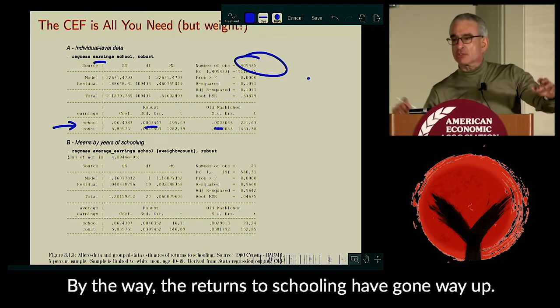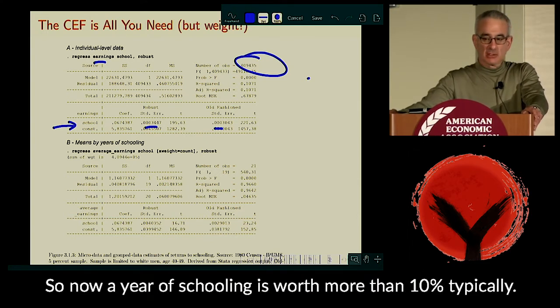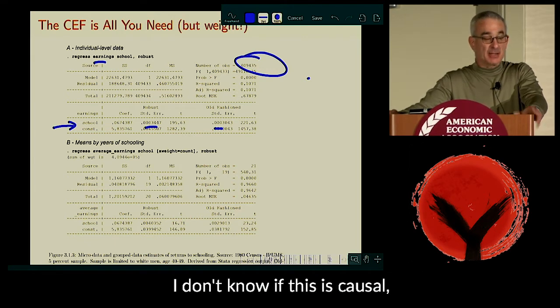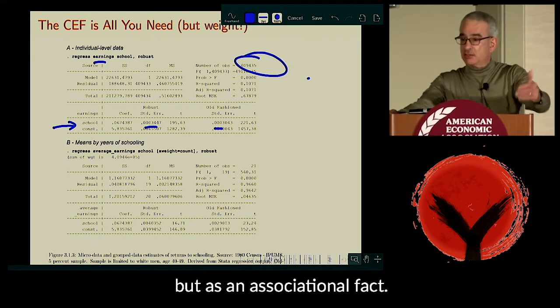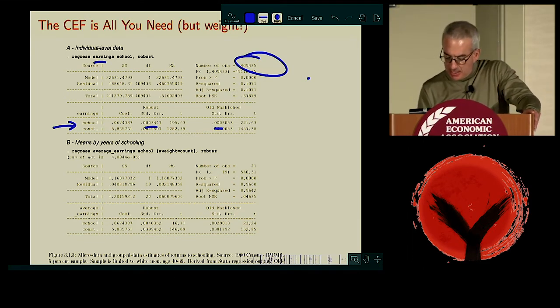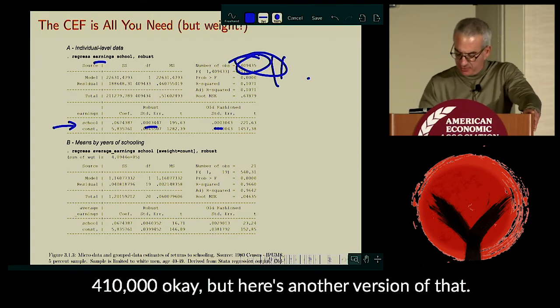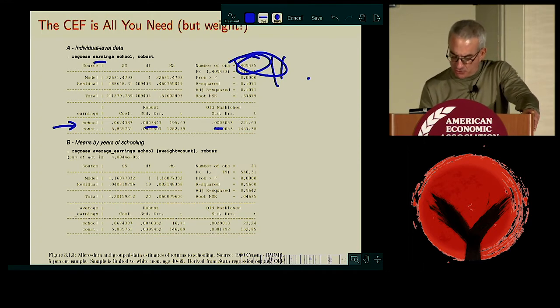By the way, the returns to schooling have gone way up. Many of you will know this. So now a year of schooling is worth more than 10% typically. I don't know if this is causal, but as an associational fact. 410,000, 409,435. But here's another version of that.